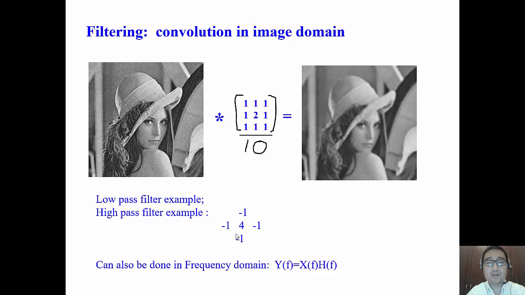This can be turned into a frequency domain operation, because convolution in the image domain will be turned into multiplication in the frequency domain. So you can multiply with the Fourier transform of the filter in the frequency domain.